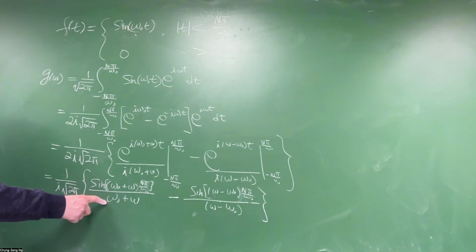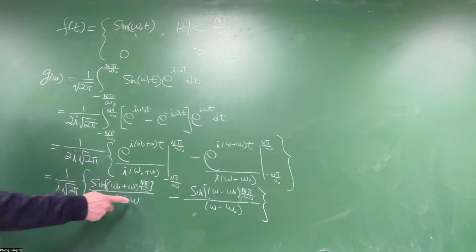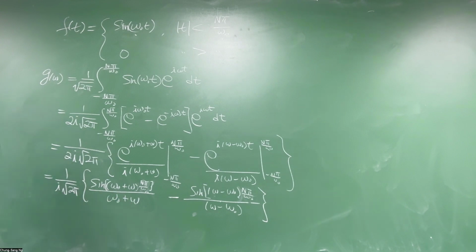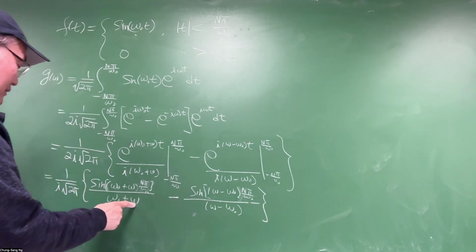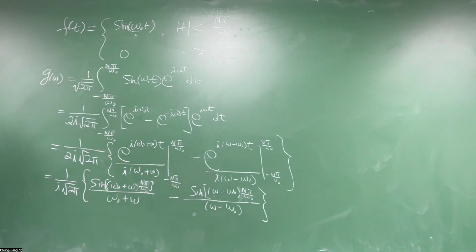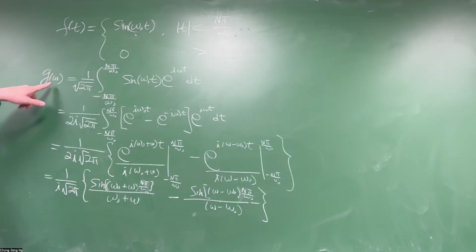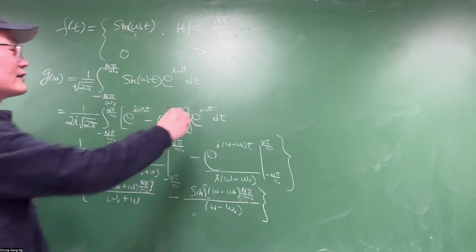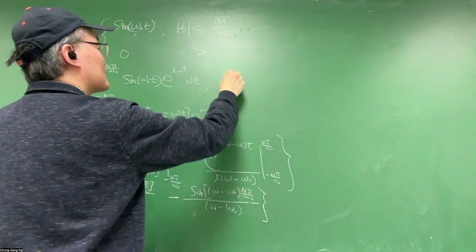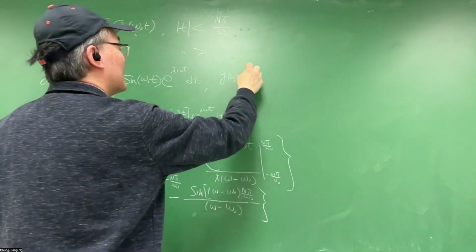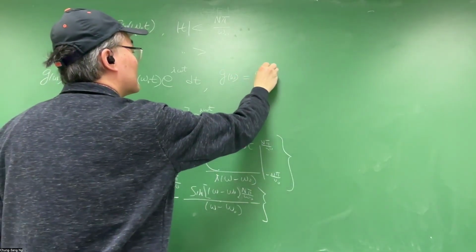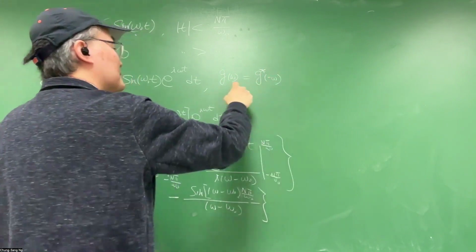But the first term doesn't have that problem, because if you take negative omega, that negative omega equals omega 0. So there's some symmetry, because the function is real, then the Fourier transform has the property that, I think one exercise already asked you to show that for a real function, the Fourier transform has this property.